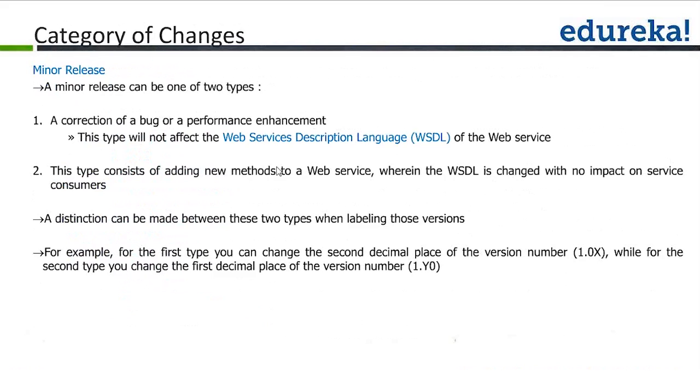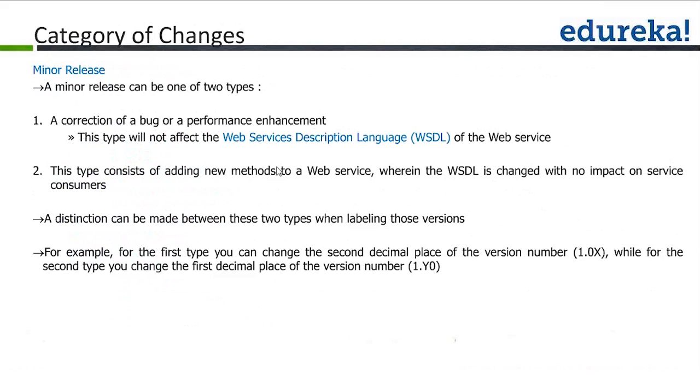How are they introduced in the new system? There could be a minor release change, or a major release change. Minor release change is something like you are using Adobe Acrobat Reader 8.0, and after that you have Adobe Acrobat Reader 8.5. So this is a minor change, right?